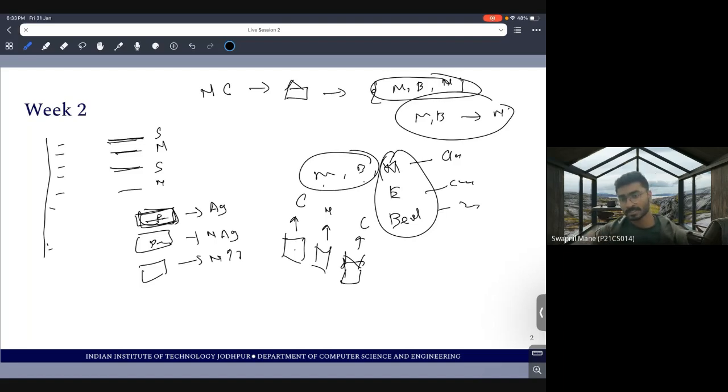Based on this phenomenon, this philosophy, it comes into this classification, this learning task. As I already said, there are three types of learning: supervised learning, unsupervised learning, and reinforcement learning. I will give some overview of these things.